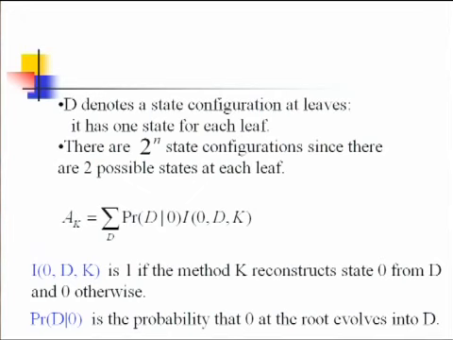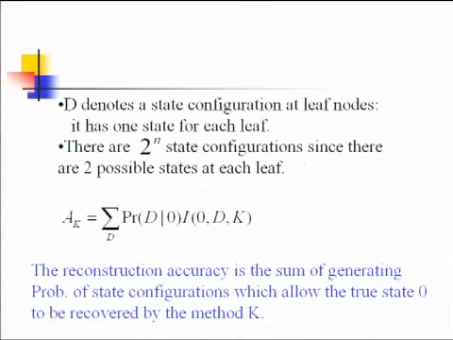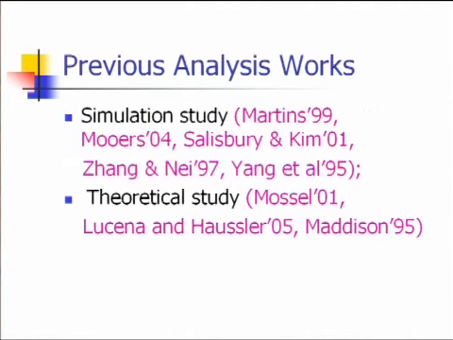In other words, the reconstruction accuracy is the sum of the generating probabilities of the state configurations which allow the true state 0 to be recovered by the method K. So this is how to calculate the reconstruction accuracy theoretically.